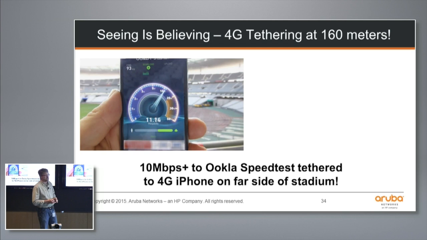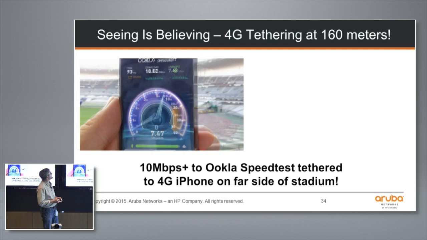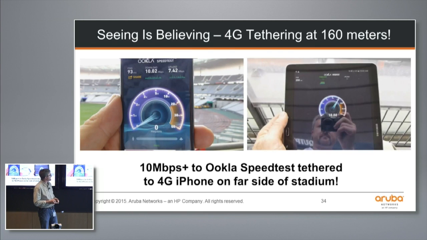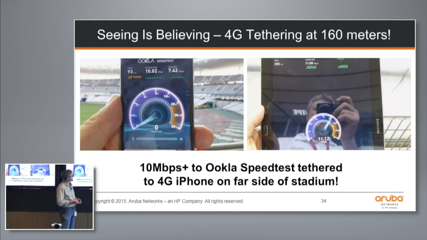We got 11 meg down, and I guess 10 was the final number, and 7.4 meg up. Then we got out the 2-stream tablet, and it does a little better because the second chain improves things, for the usual reason. About 10 or 11 meg down, and 11 meg up. So that's smartphone to smartphone and smartphone to tablet.